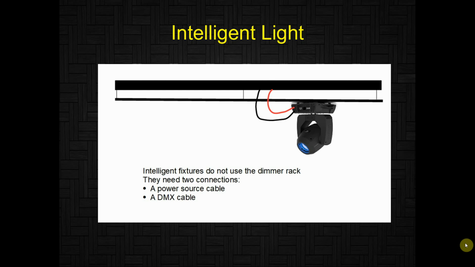They're just getting standard power going to supply power to the light, but then they're also getting DMX information directly from the light board. So there'll be two cables on there, a standard power source cable, which I did in black here, and then of course your DMX cable that I did in red. That's the information that's coming directly from the lighting console to activate different attributes in that intelligent fixture.